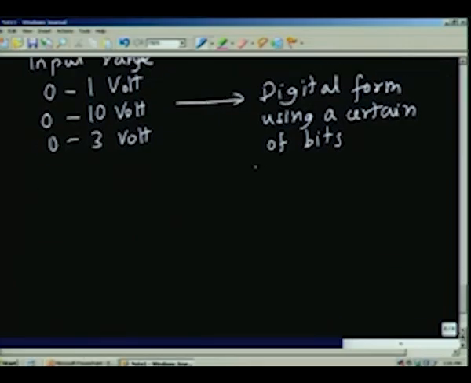So, it is a binary output. For example, I can take a simple A to D with a small number of bits to show what happens, just to understand what is going to happen. For example, suppose I take a 4-bit ADC. Easy to understand what is happening.